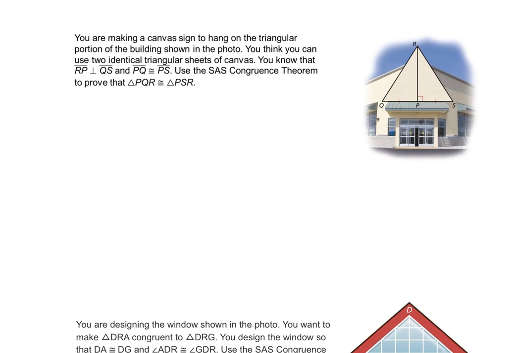Okay? This one here. We're talking about this, we're making a sign for this building here. We have 2 identical triangle sheets of canvas. And so I'm going to redraw. You can separate them if you want to. I'm just going to redraw the triangles here.